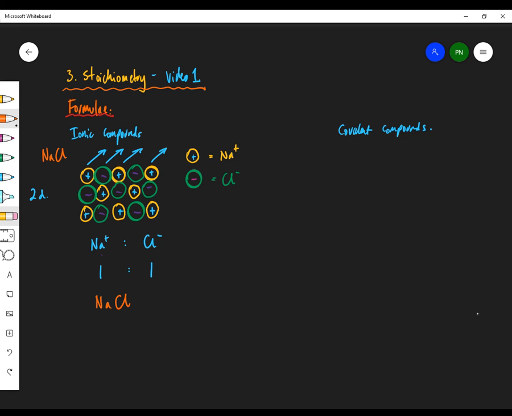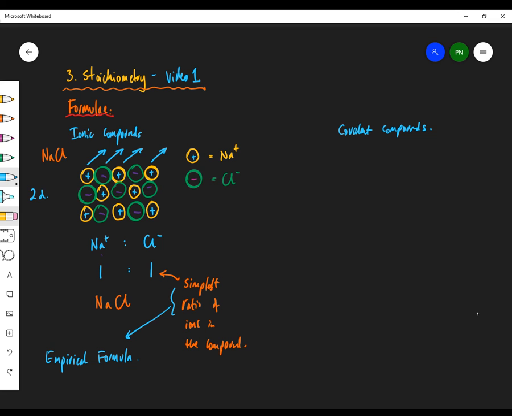This 1 to 1 is the simplest ratio of ions in the compound. The simplest ratio is given a very special name in chemistry: an empirical ratio, or an empirical formula.